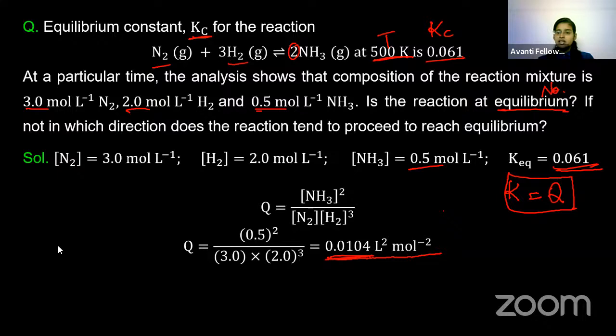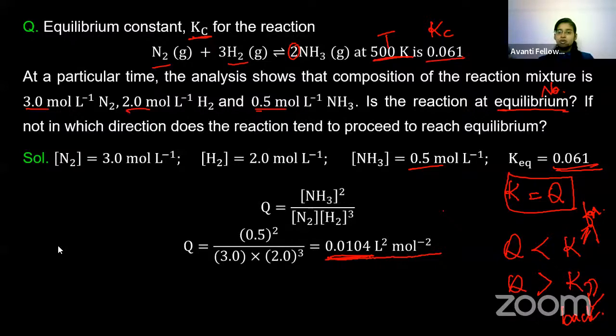Tell me whether Q is less than K or Q is greater than K. If Q is less than K, then it is clear that the reaction is proceeding towards forward direction. If Q is greater than K, it means that the reaction is proceeding towards backward direction.